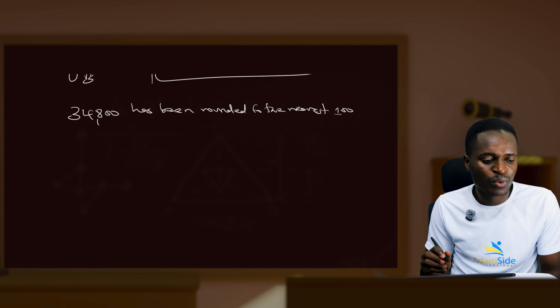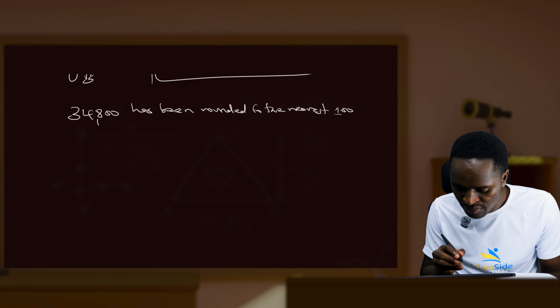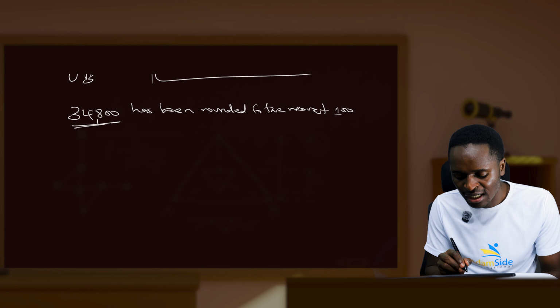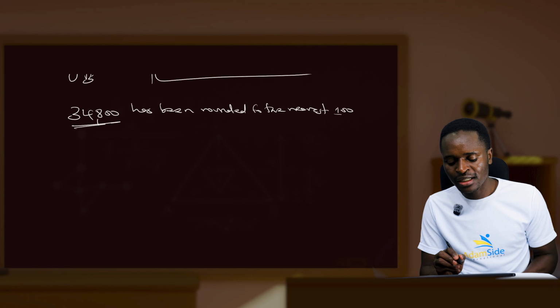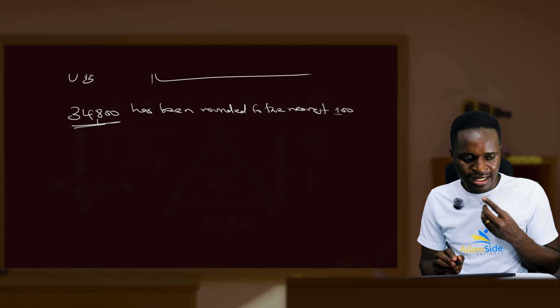So to the nearest 100. What do we say? Divide the degree of accuracy by 2. This is the number after it has been rounded. It's 34,800 rounded to the nearest 100.